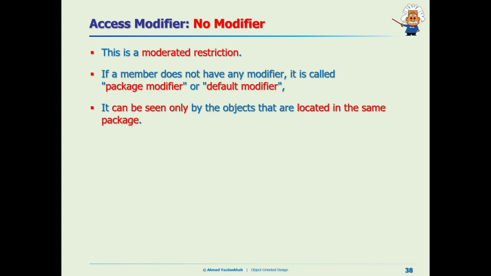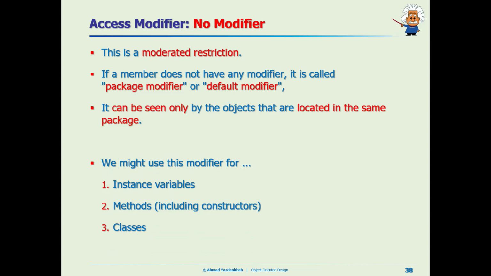It means that, I will show you on the demo, only the classes that are in the same package of the first class can see its members, all right? And we can put it on the instance variables, on the methods and the classes. All right. Now let me get back to our demo and see how it works.